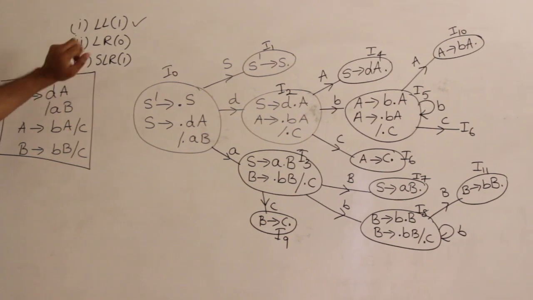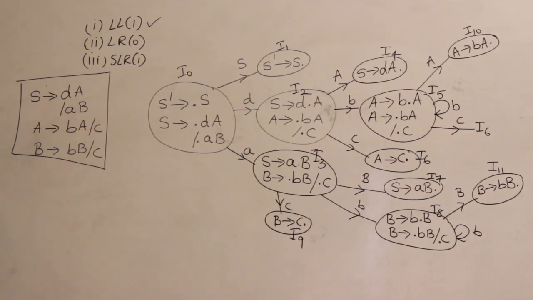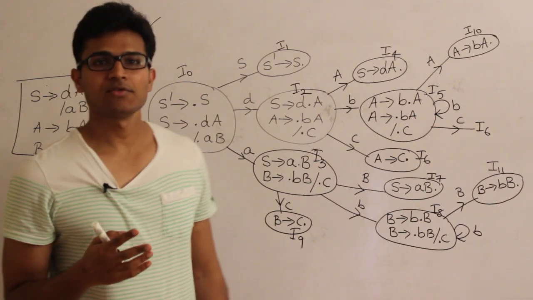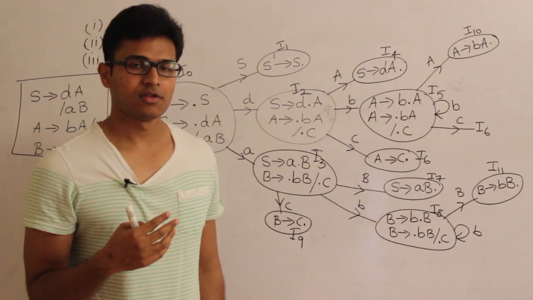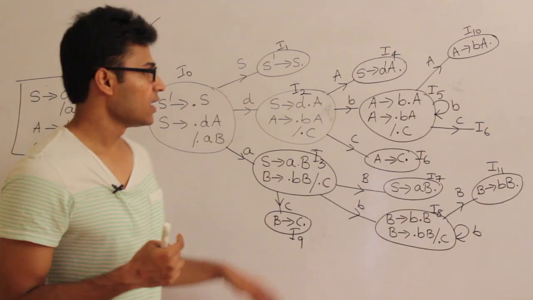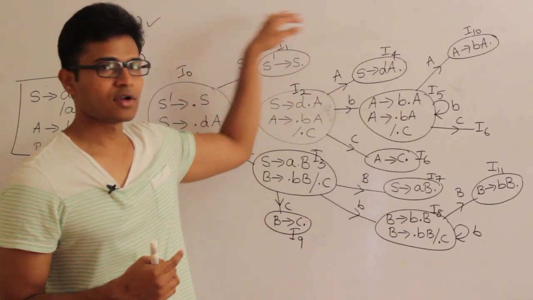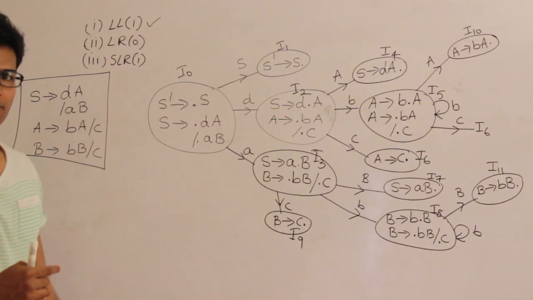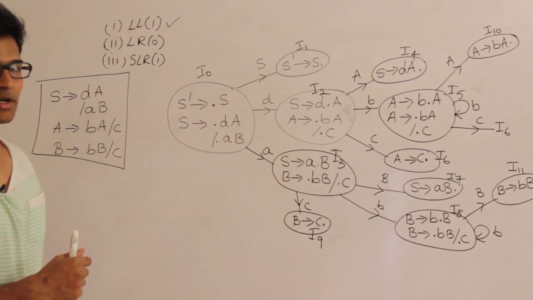Next, I want to find out whether the grammar is LR0 or not, SLR1 or not. Note that you need not construct the parsing table to see whether there is a shift-reduce or reduce-reduce conflict. You can construct the canonical collection of LR0 items and find the conflicts in it.